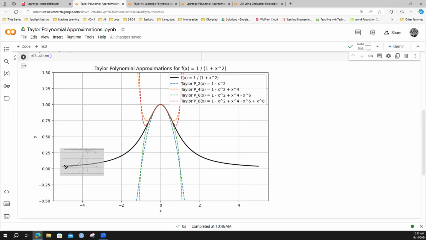My original function has this shape, but all of my Taylor polynomials are far away when approximating far from the center. So it works better near the central value, but it is not a good approximation beyond it.